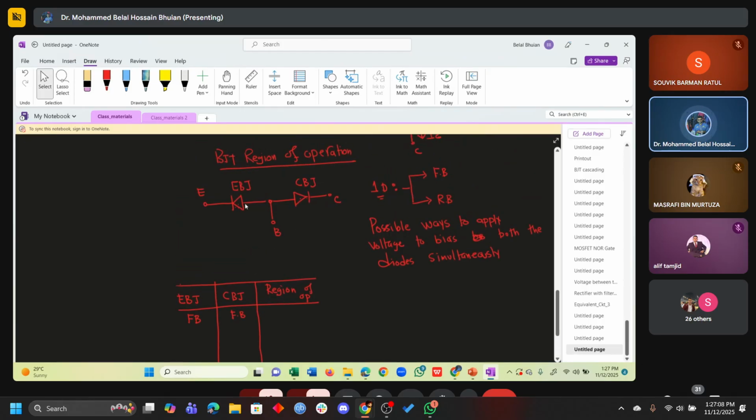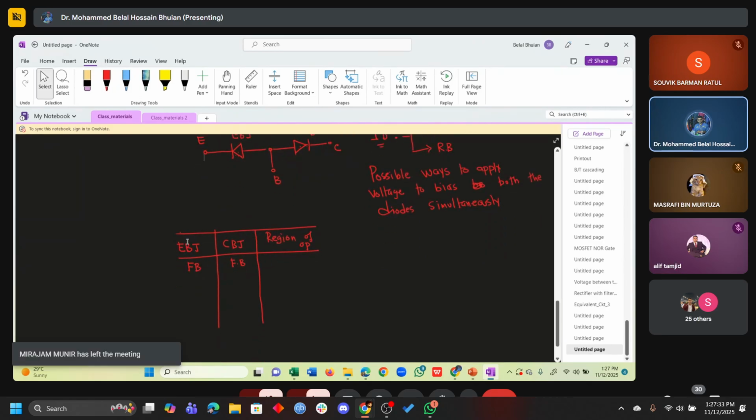Remember, when I say I am making forward bias, I'm applying an external voltage here and another external voltage here. It doesn't have to be the same voltage. It could be different voltage. So I can apply a voltage between terminals E and B such that it is forward bias, and a voltage such that the other is forward bias. That's one possible combination. When this happens, it is called saturation.